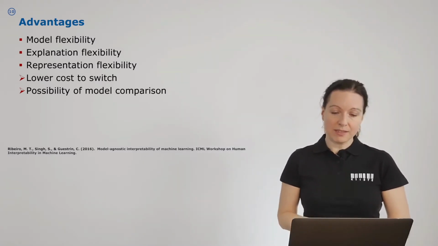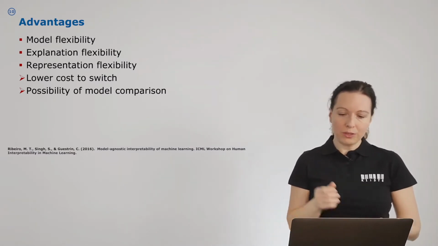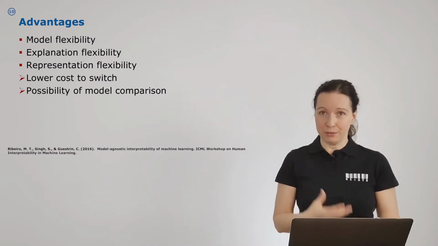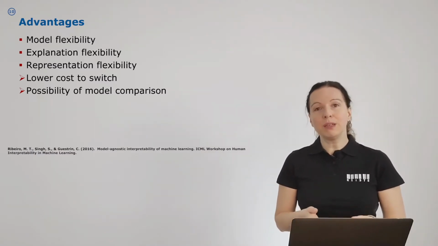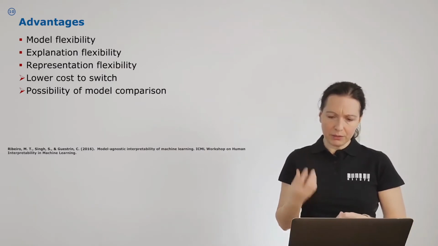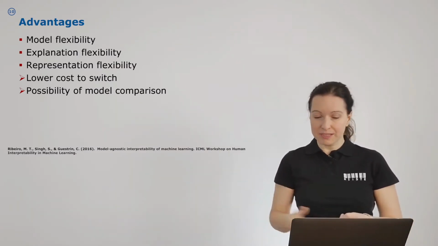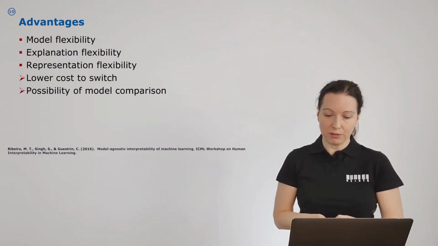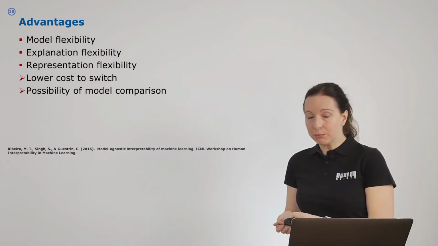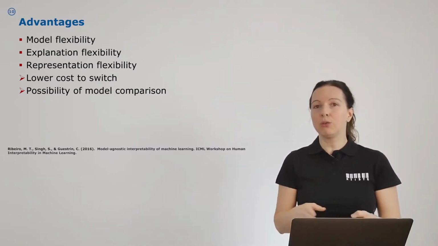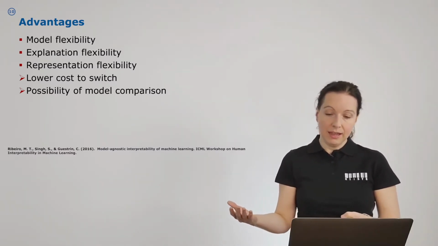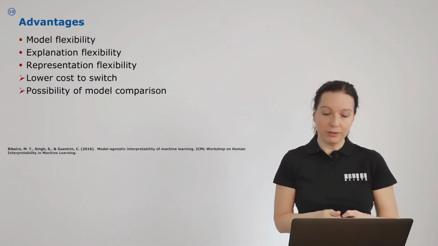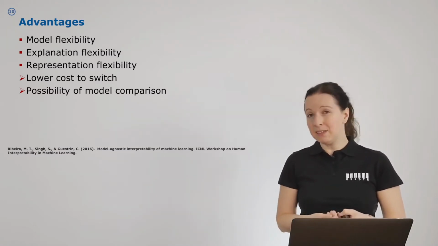And then there's representation flexibility. When you use an interpretable model, you're restricted to the representation you have learned in the model. For example, even when you can visualize the internal representation, it might still be too challenging and too hard to interpret. With model-agnostic approaches, you have the possibility to use a different representation than the one used by the underlying model. For example, you can learn a proxy model or proxy representation that is easier to interpret.